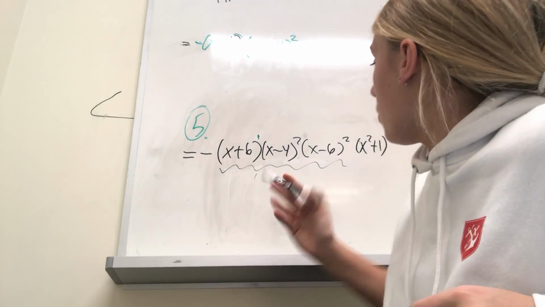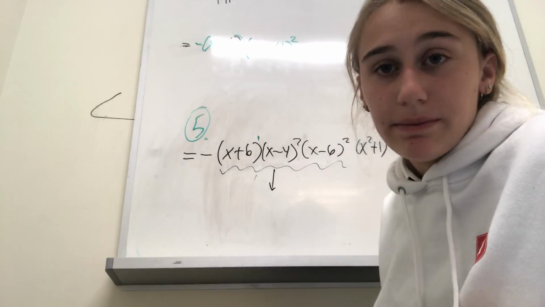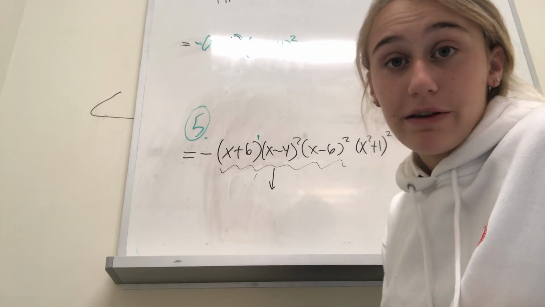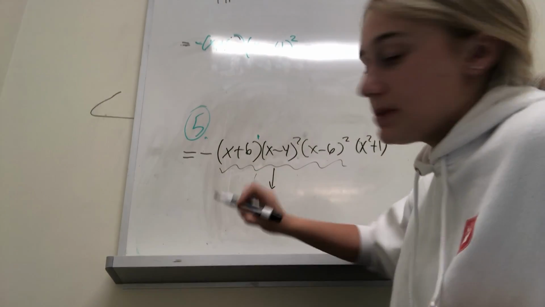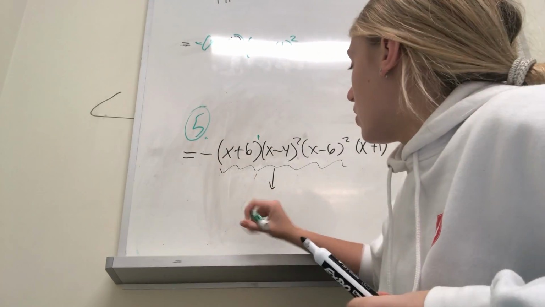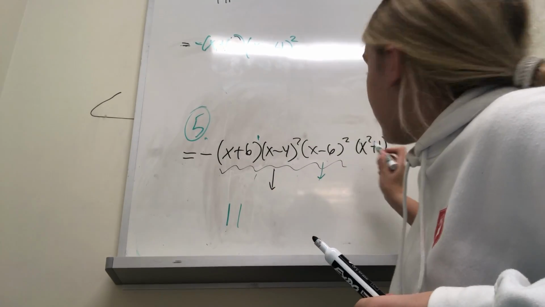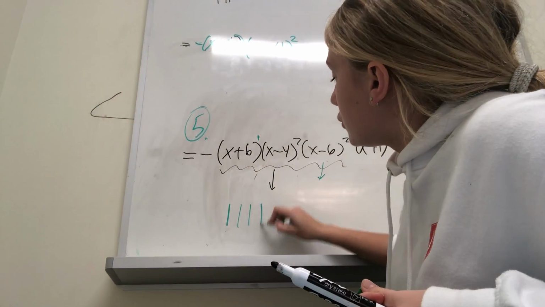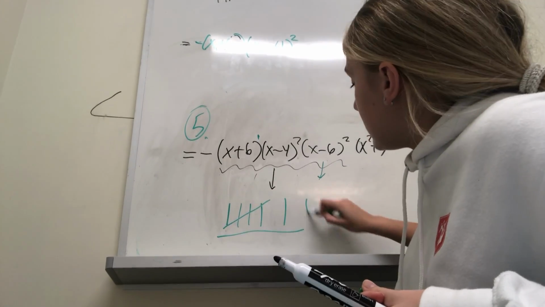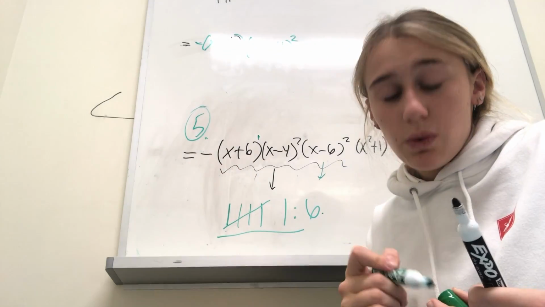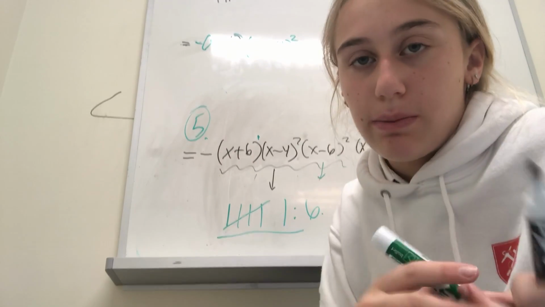Well, we know that this has a turning point, a local maximum at 4, 0. So that's 1. We can keep a tally. This one has 1. And this one has 4. So 1, 2, 3, 4. That's 6. So that's how we know that it has 6 turning points.